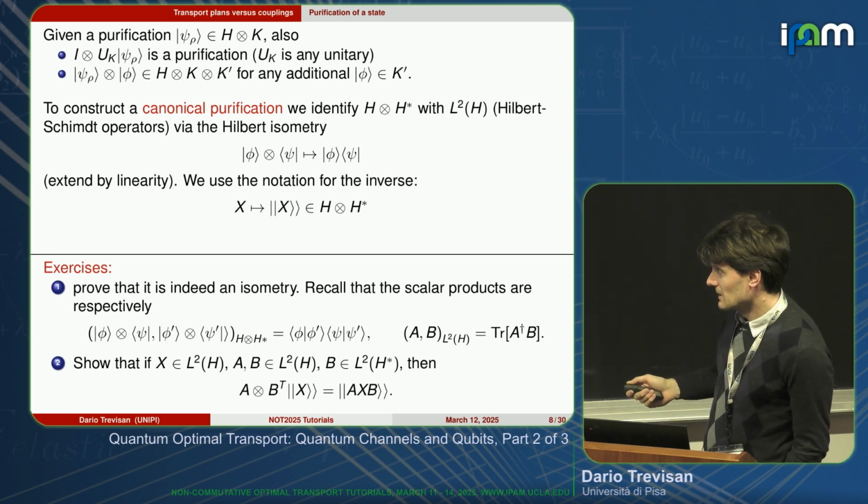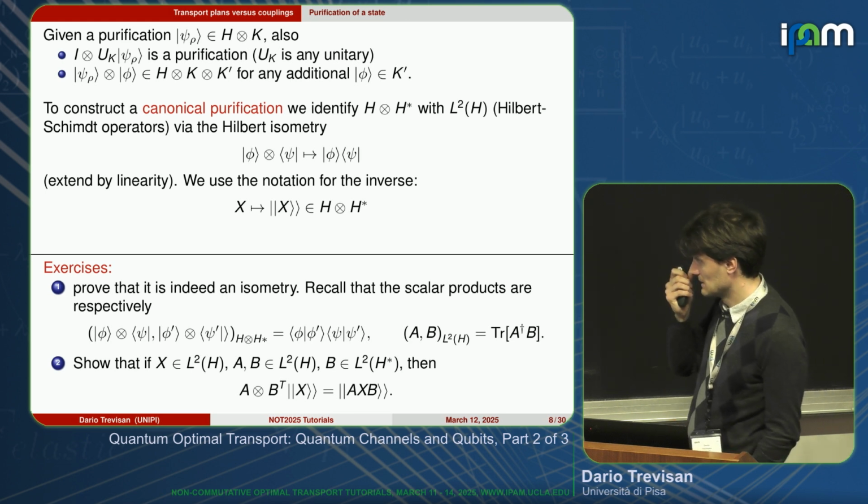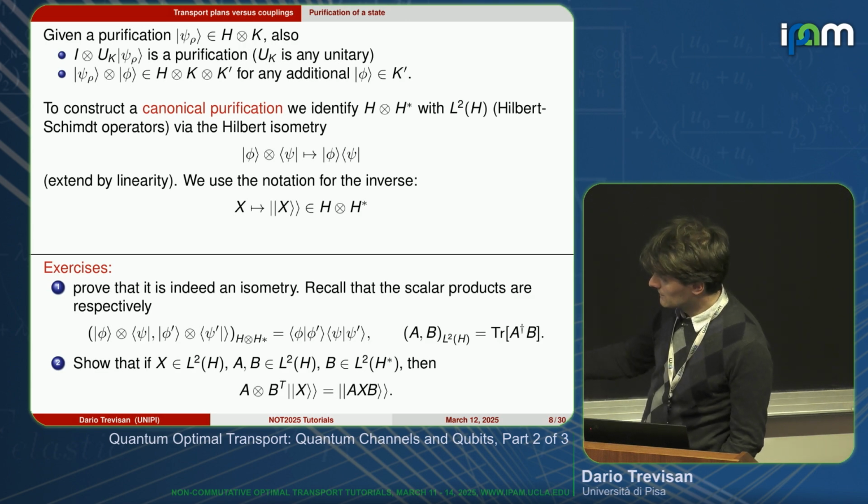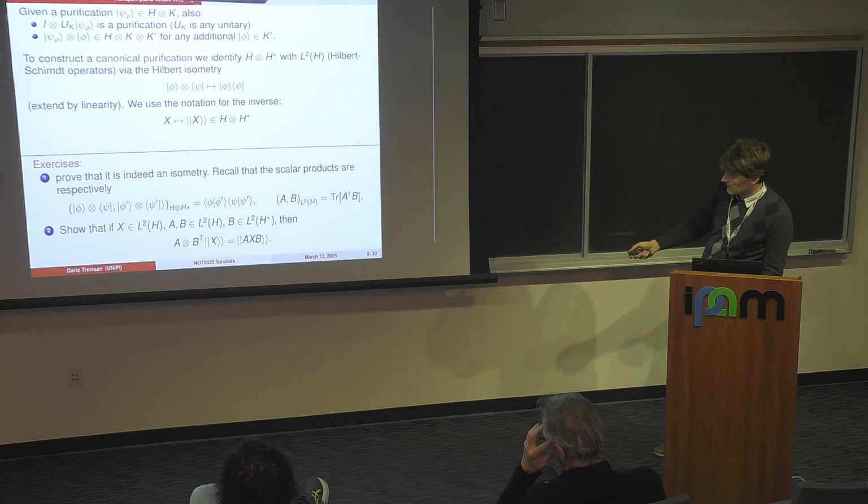And so you have this identification, and this is also quite relevant for us: if you have a vector in this space, H tensor H star, so a tensor product, remember that on the tensor product space you can act with an operator A which maps H into H, and another operator which maps H star into H star, which may be B transpose, because this is a special case of that operator. And you can take the tensor product.